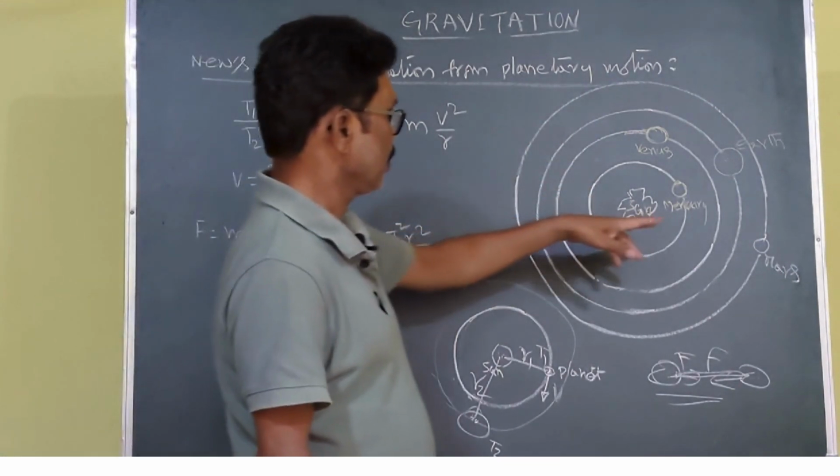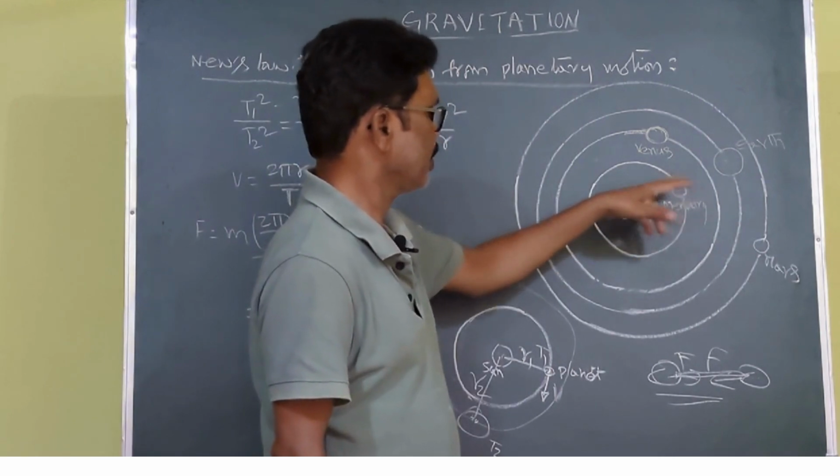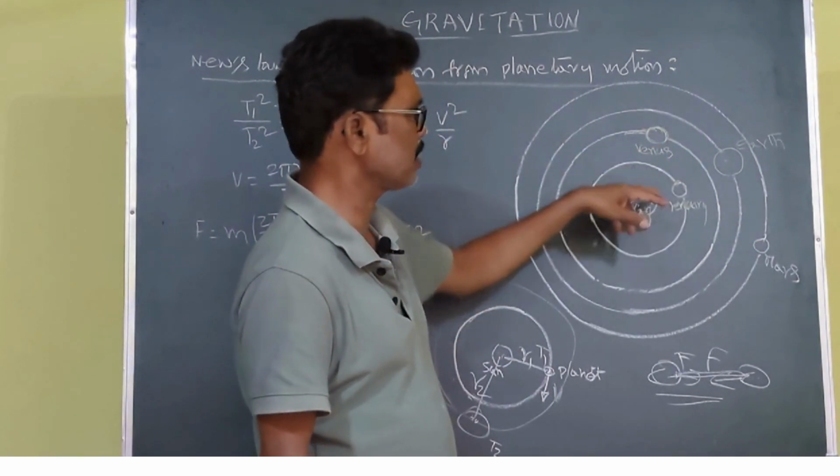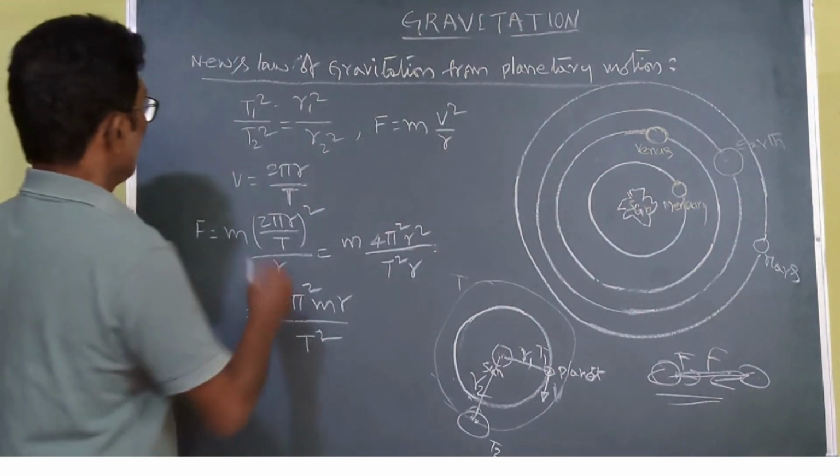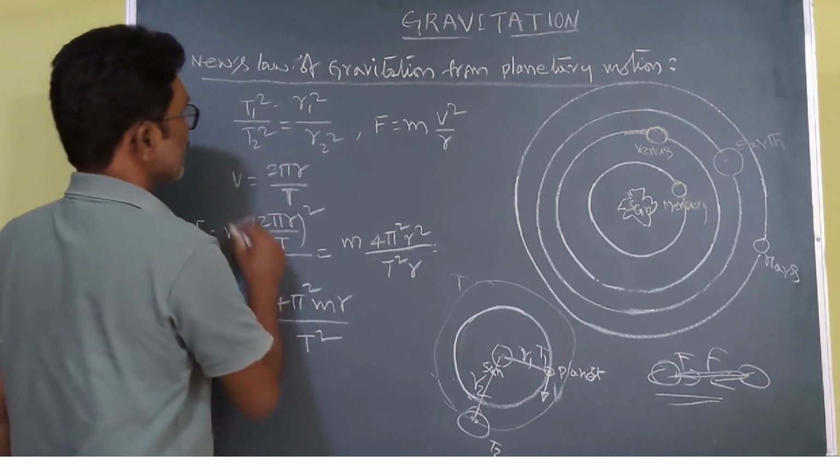Of course, you can take sun to Mercury, sun to Venus, or sun to Earth. So this relation is established.